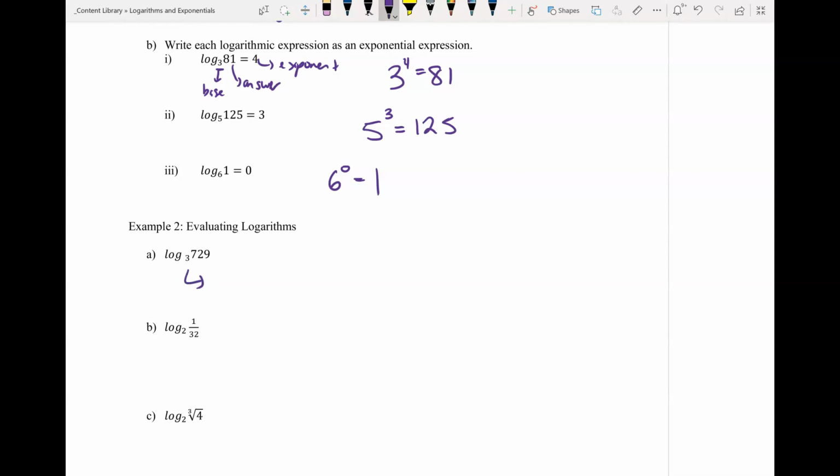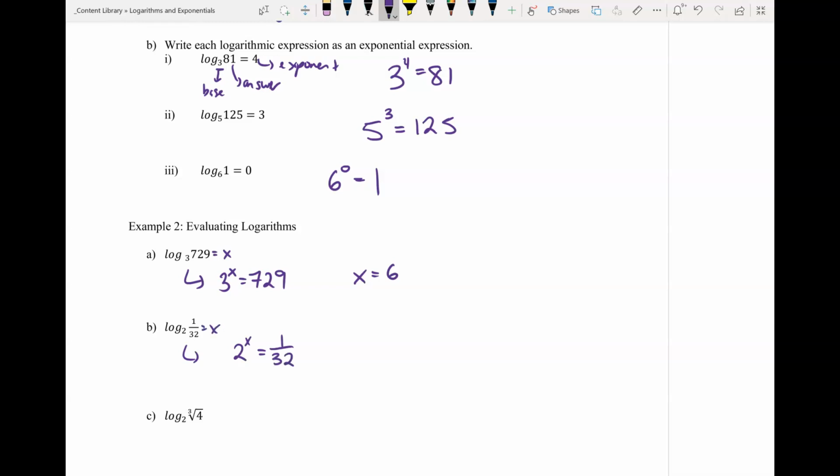When you're thinking about how to evaluate logarithms, the same sort of question is saying 3 to the power of what gives us 729. And in this case, 3 to the power of 6 will give us 729. Here's another one. 2 to the power of what will give us 1 over 32.